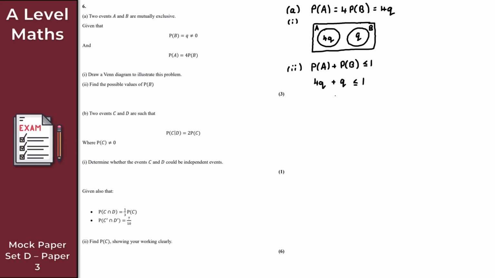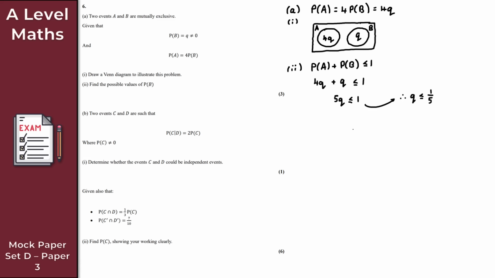Simplify the left-hand side here. So 5Q is less than or equal to 1. And therefore then, Q must be less than or equal to a fifth, right? 1 over 5 there, okay? But just be careful here because what else do we know here? Well, I also know then that the probability of B here is equal to Q, but that cannot be equal to 0. So once I give the possible values of the probability of B here, we do need to be slightly careful because it can't be equal to 0, right?